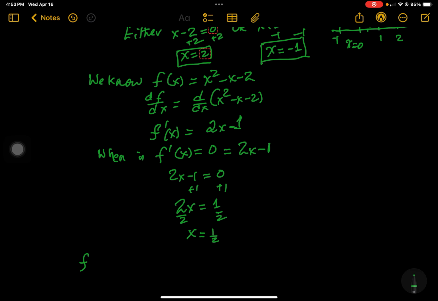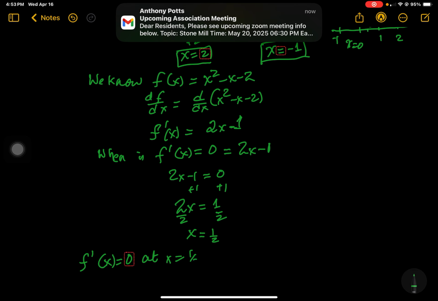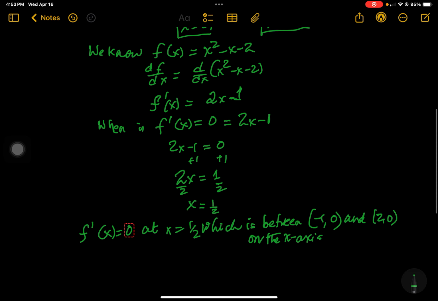So f prime x is equal to 0 at x equal to half, which is between (minus 1, 0) and (2, 0) on the x-axis. So what does it say?